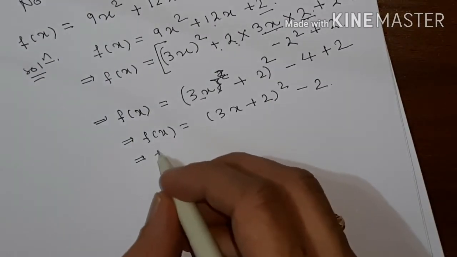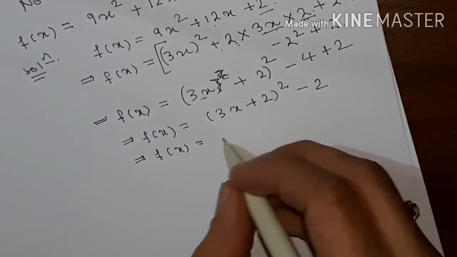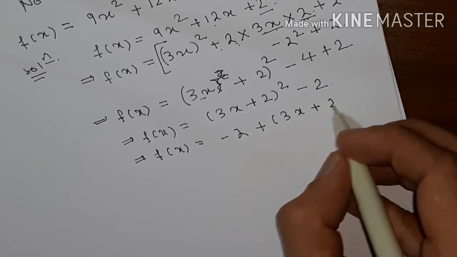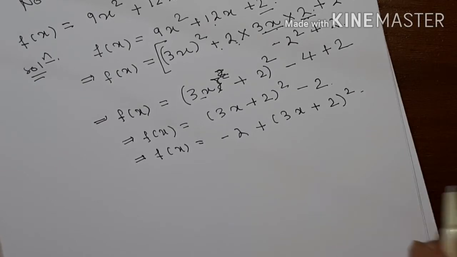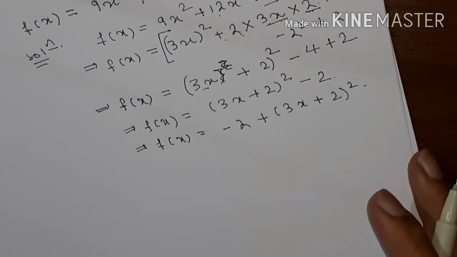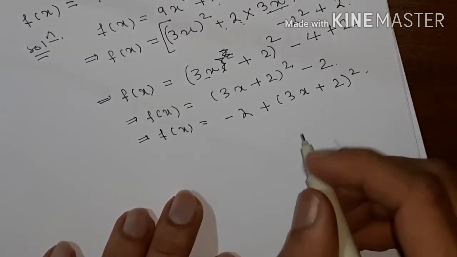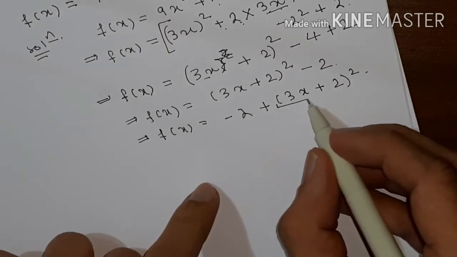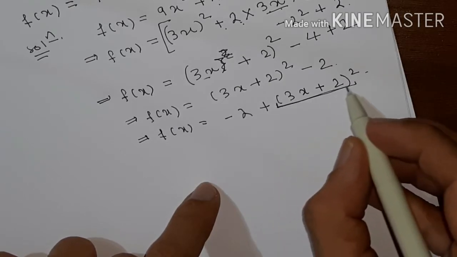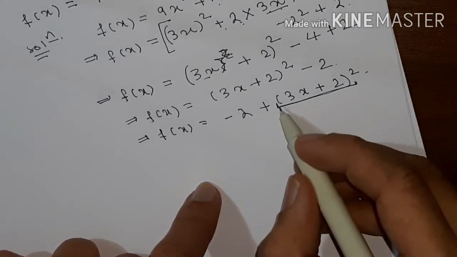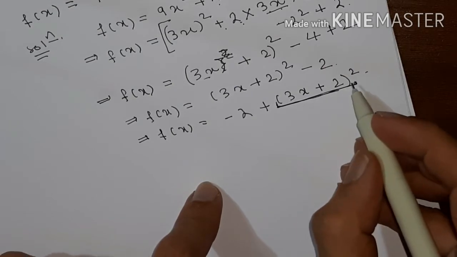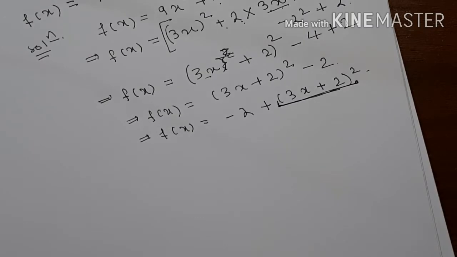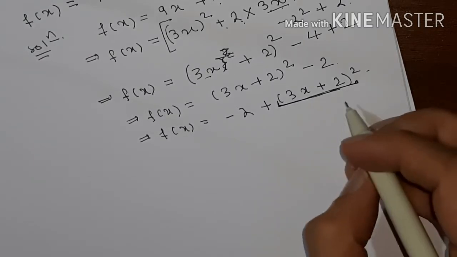Now this is f(x) = -2 + (3x + 2)². Again you see here, if you increase this quantity, see this quantity is what? Positive or 0, because this is a square.